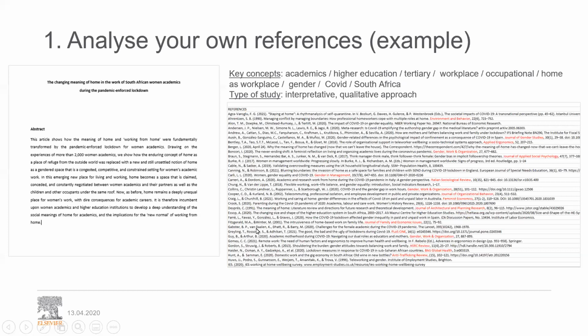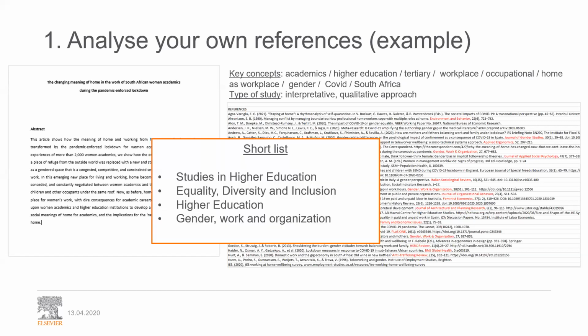So these are the references that this researcher used, and you can see in the red are those journal titles that the researcher has used in the references. So these are the referenced journals. And if you analyze them, if you look at which of these journals did I reference the most, then you get to a short list.